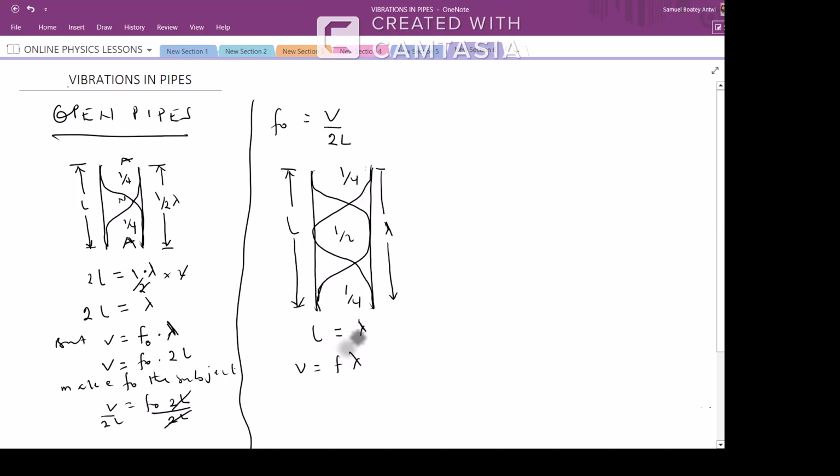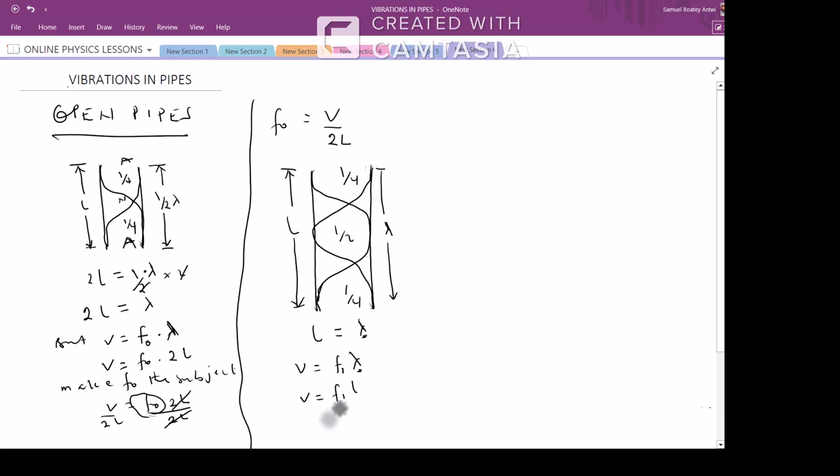Because we are going to use this wavelength here to show that this f is different from this f, we call this f1 because the wavelength has changed, which is our first overtone. So anywhere we see lambda, we put L there. So V equals F1 L.